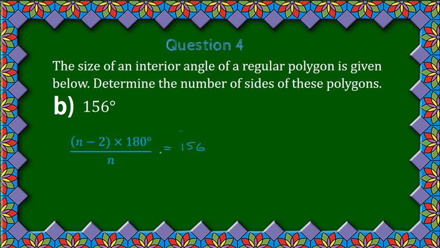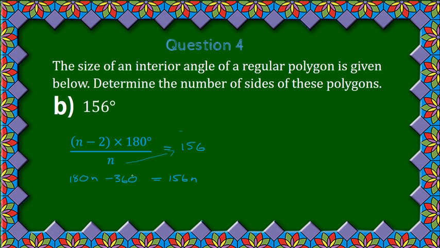We can also use cross multiplication, where we just take our n up. That's another way of thinking about it, but it is actually just doing the same thing. So in one step, I'm just going to also multiply in my 180. So I've got 180n minus 360 equal to 156n.